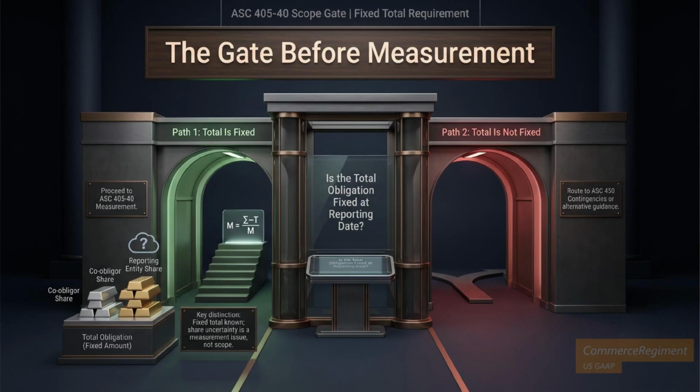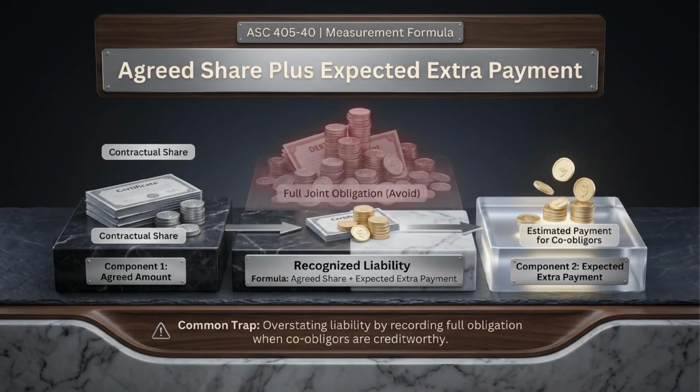We route to another applicable ASC topic, often contingencies or another specific obligation model. The measurement formula has two components. Component 1 is the agreed amount the reporting entity is responsible for under the arrangement. Component 2 is the additional amount the entity expects to pay on behalf of co-obligors who cannot or will not pay their share.